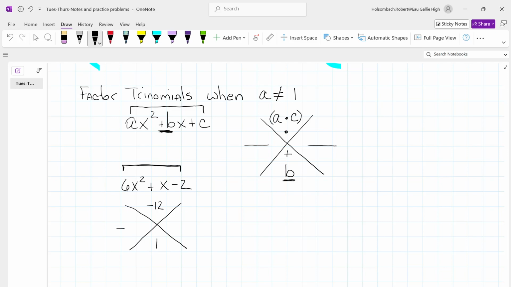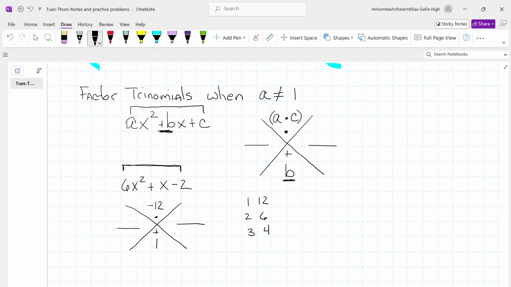Now, we're looking for a number times a number that equals negative 12, and a number plus a number that equals 1. So, if you think about that, think of the factors of 12. You got 1 and 12, you got 2 and 6, 3 and 4, and that's it. So when you're looking at these factors, the only two factors that you can add together to get a 1 would be a 3 and a 4, because you're going to have to work with positive, negative.